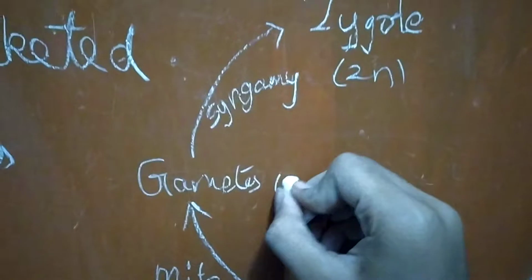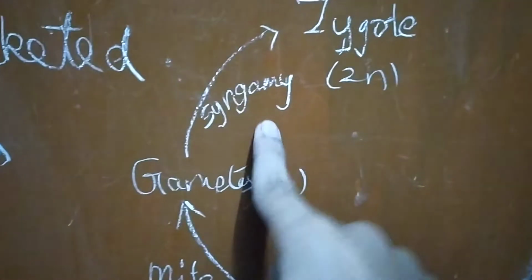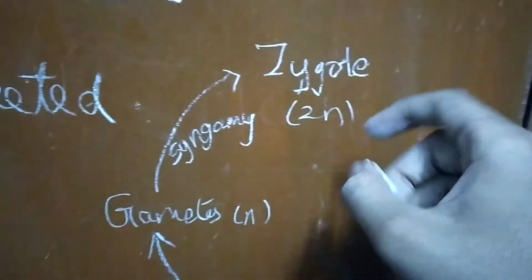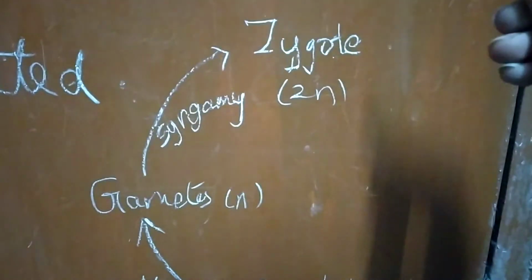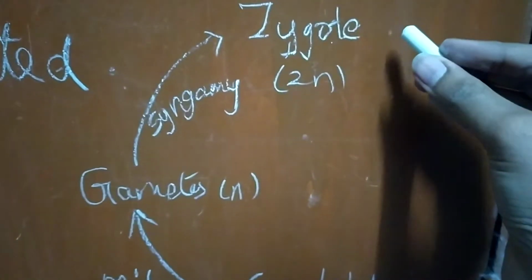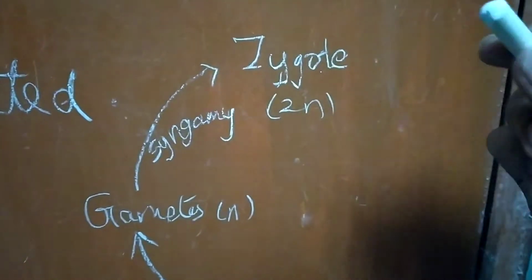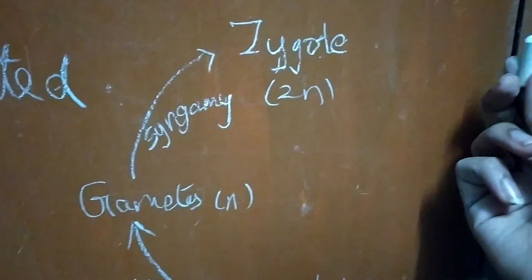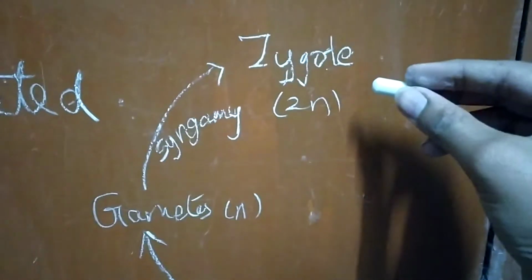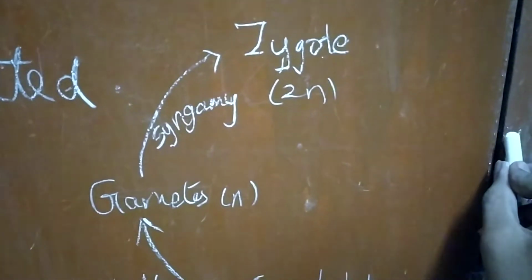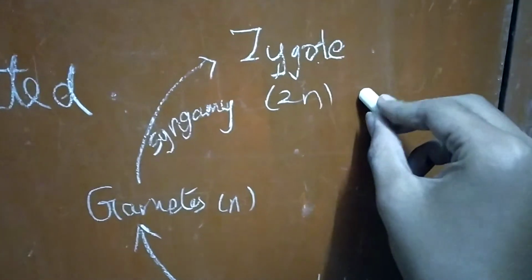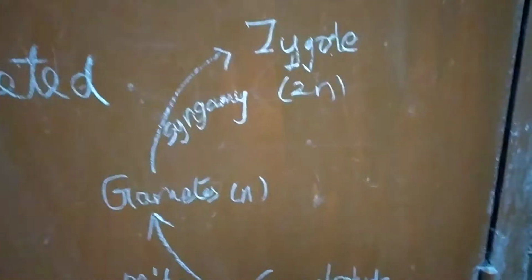Gametes are n, and when two gametes fuse, it will become 2n, and usually the zygote in haplodiplontic and diplontic life cycles will undergo mitosis and thereby gives rise to a sporophyte. And this sporophyte divides by meiosis and gives 4 haploid spores which germinate again into a gametophyte.